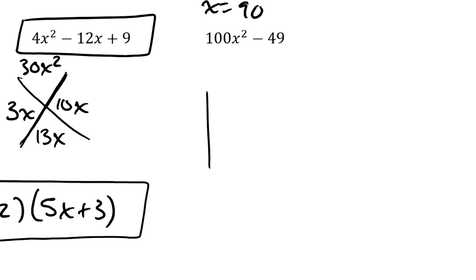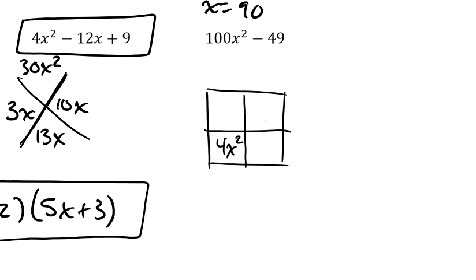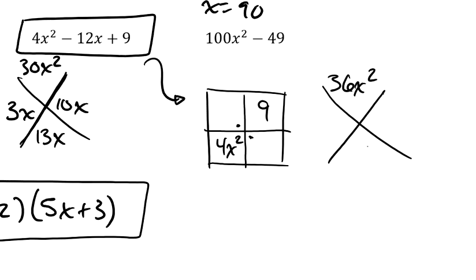So again, we deploy our generic area model representing the value of that polynomial. We put our 4x squared and our 9. And again, once we fill in, these two boxes have to add up to 12x because it needs to represent this polynomial. How do we recognize that? Well, we use this diamond problem to help us figure out how to fill the other diagonal in. 4x squared times 9 is 36x squared, and down below I have a negative 12x.